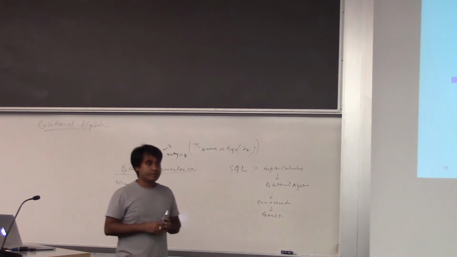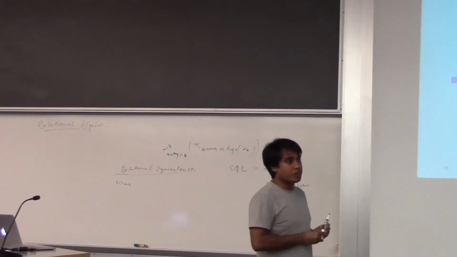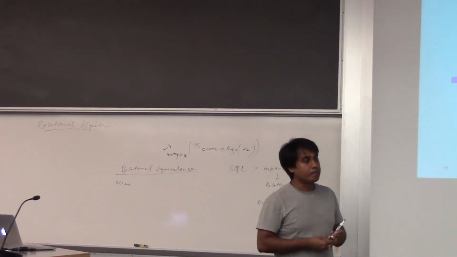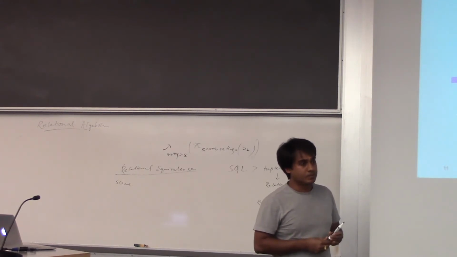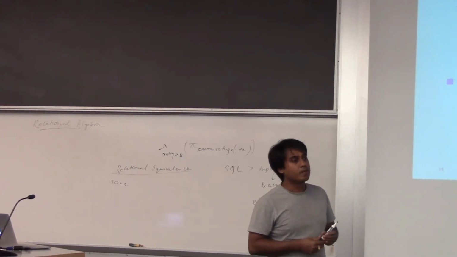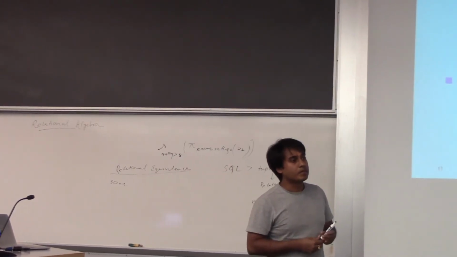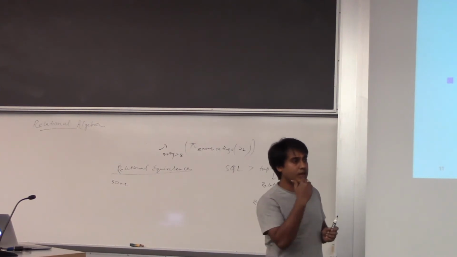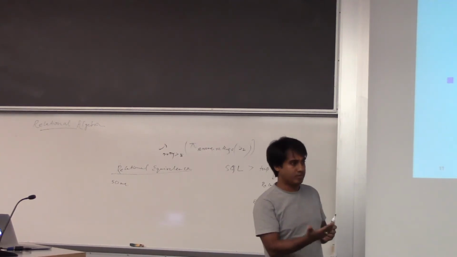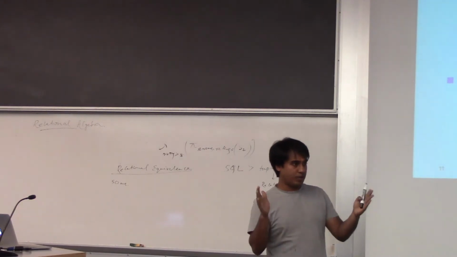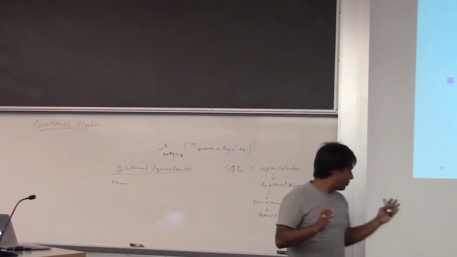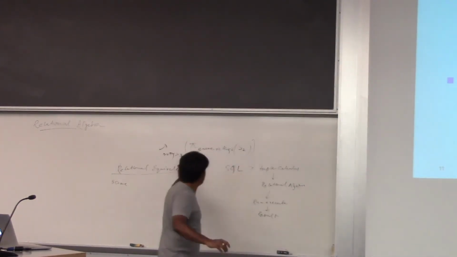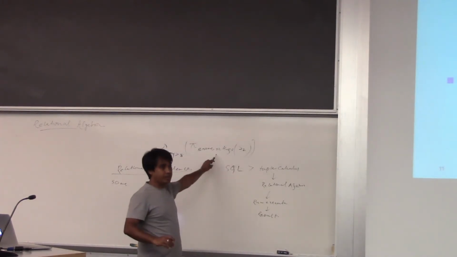I was just wondering, with relational equivalence, for a given relational algebra expression, are there an infinite or finite number of relationally equivalent ones? So you can actually do that, the number of combinations that you can have. Over here there are two expressions, right?